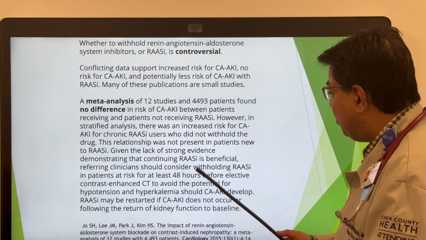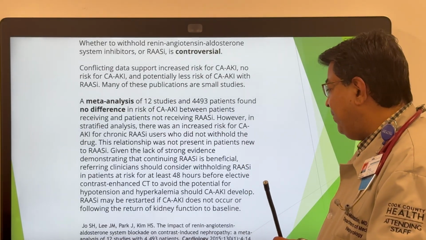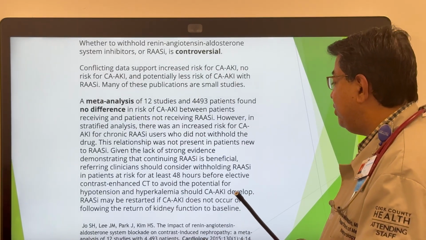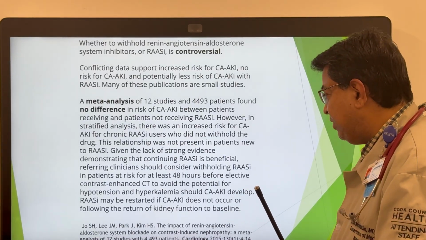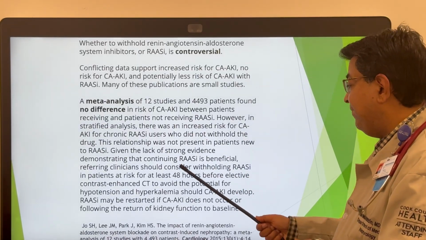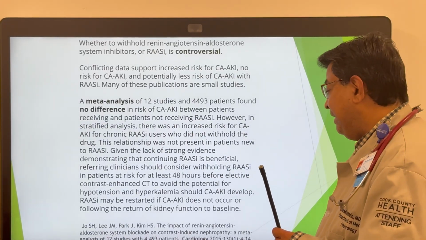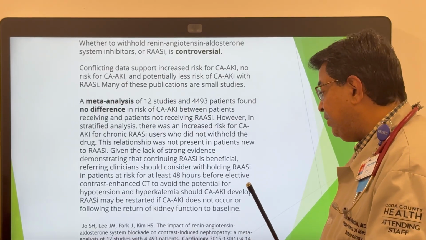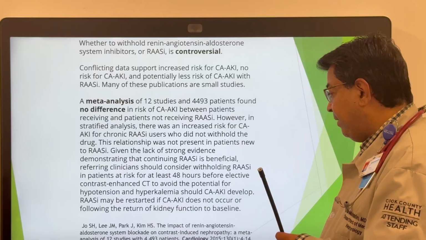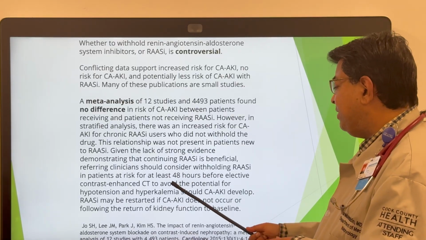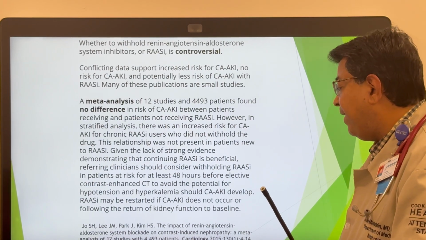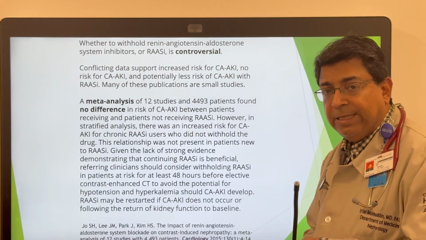Given the lack of strong evidence demonstrating that continuing RAS inhibition is beneficial, referring clinicians should consider withholding RAS inhibitors in patients at risk for at least 48 hours before elective contrast-induced CT to avoid the potential for hypotension and hyperkalemia should contrast-induced nephropathy develop. RAS inhibitors may be restarted if contrast-induced nephropathy does not occur or following the return of kidney function to baseline.